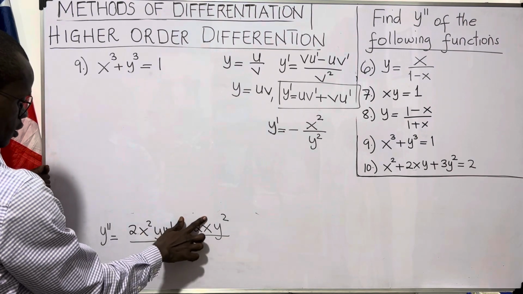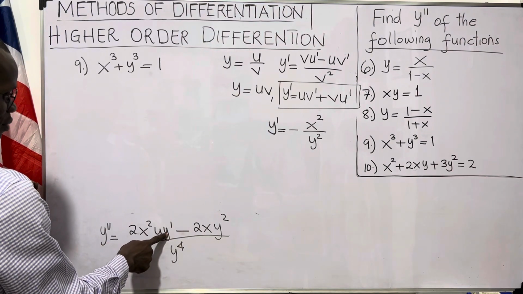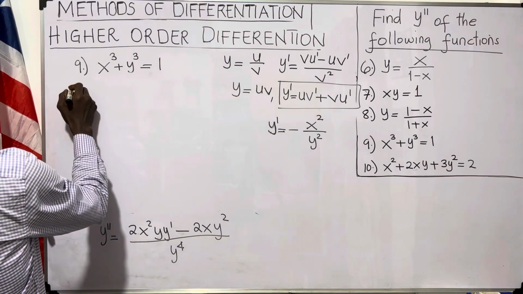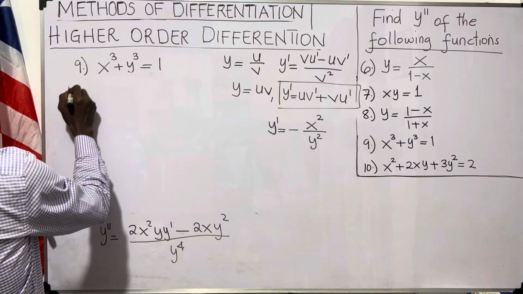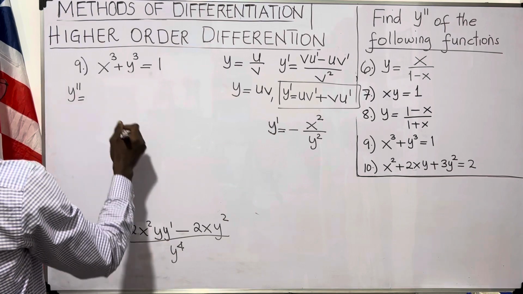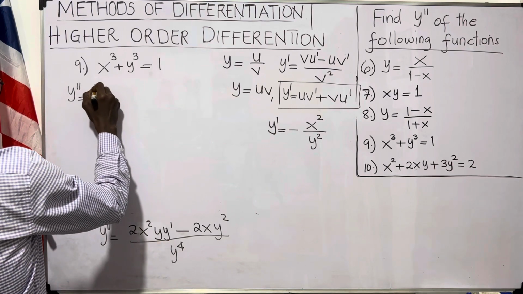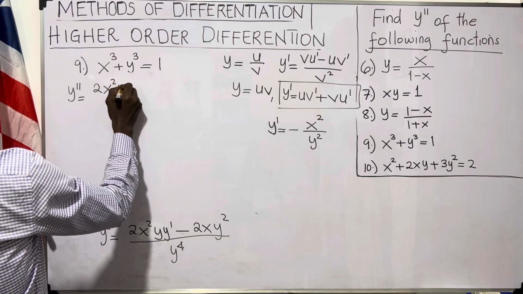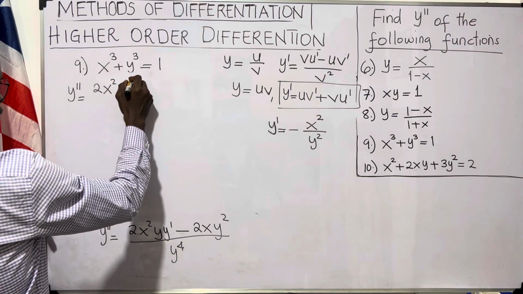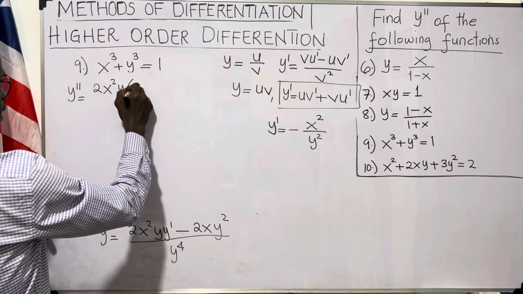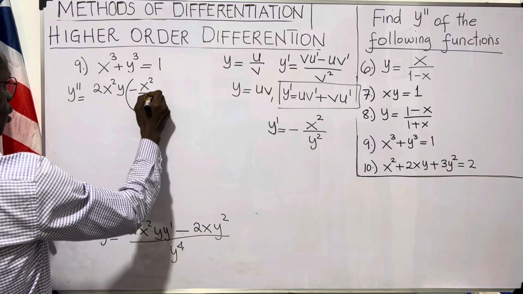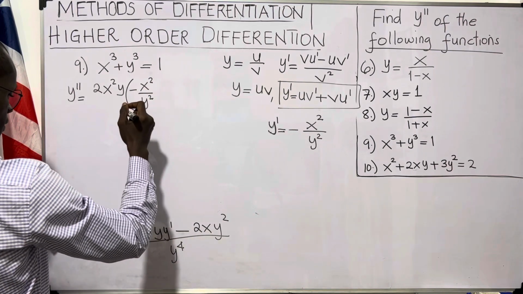So we can now replace this y prime. So we have y prime prime equals 2x squared y times negative x squared all over y squared.